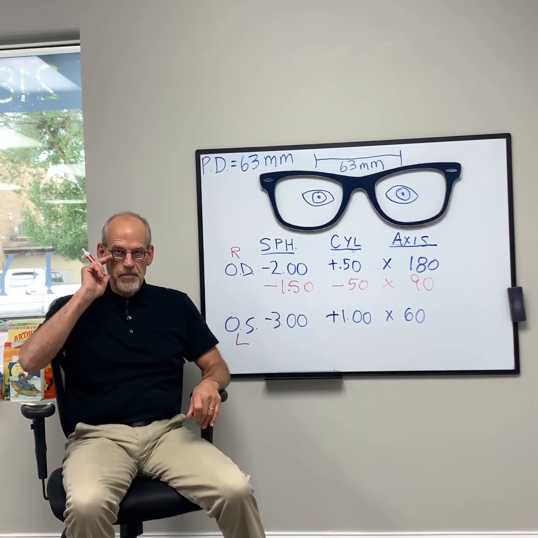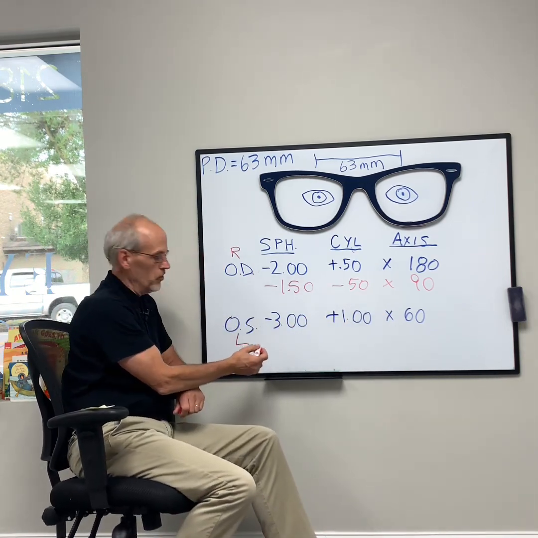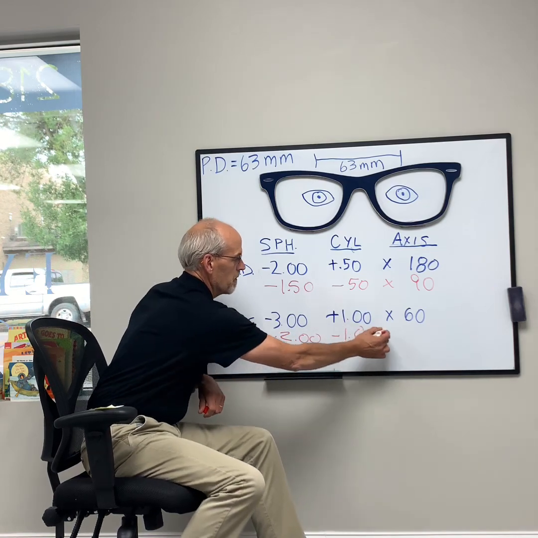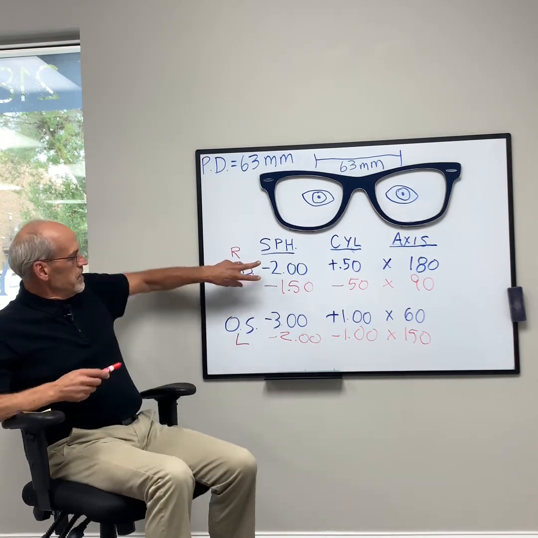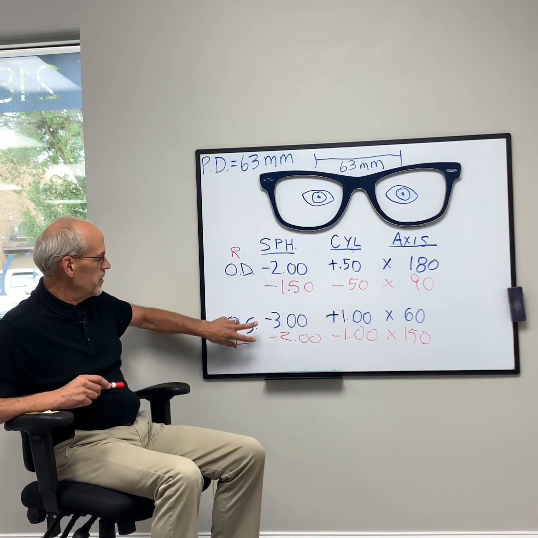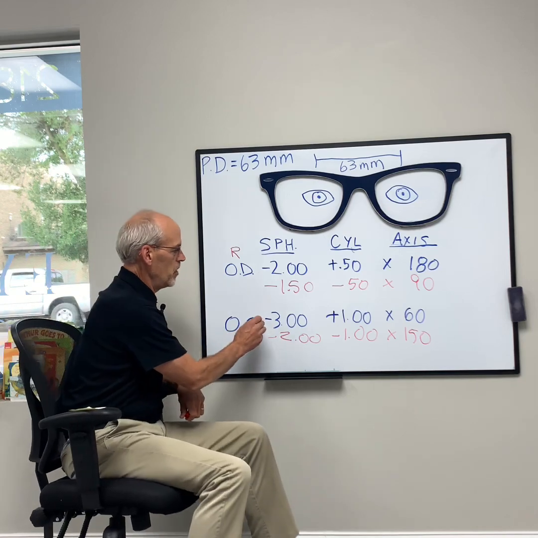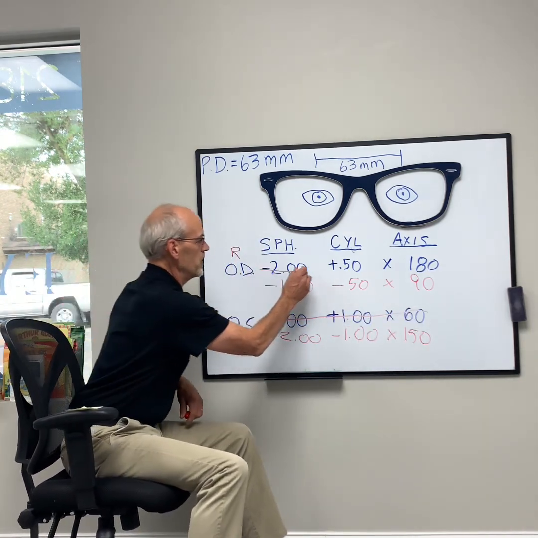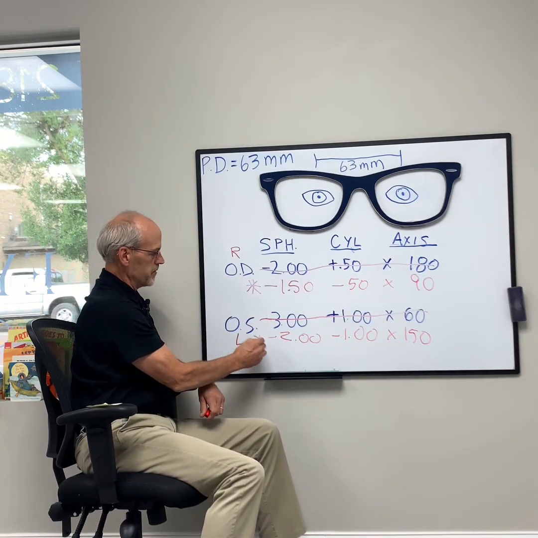We can grind the prescription on the backside. So I'm going to change this one into minus cylinder too. Again, these two prescriptions are exactly the same, just written differently, minus cylinder. These two prescriptions are exactly the same. So now this is what we use right here. Even though this is the way the prescription's written, this is what we're going to look at.